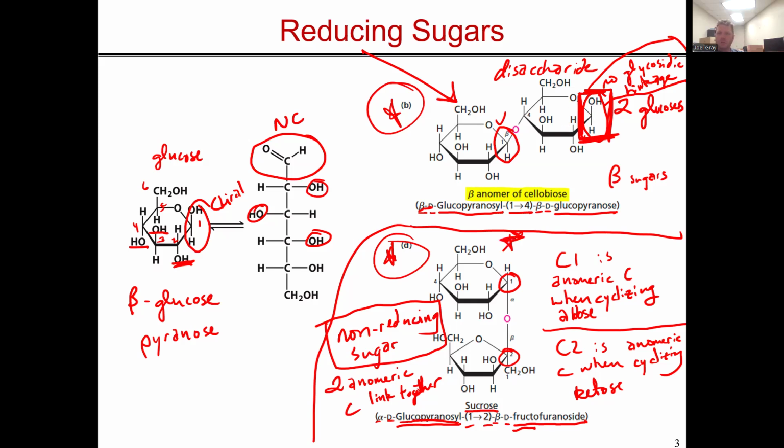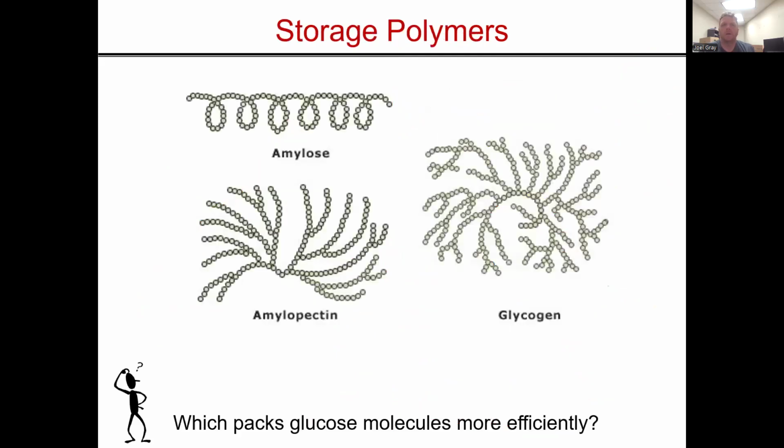Now down here, this does not have a reducing end because both of our anomeric carbons are involved in forming this glycosidic linkage. So think about these anomeric carbons as occupied. They are bound to one, so they can't form any other sort of interactions.